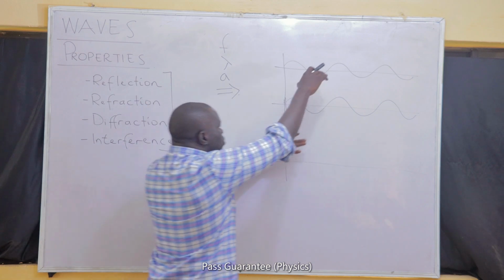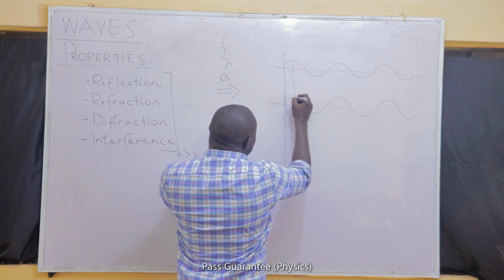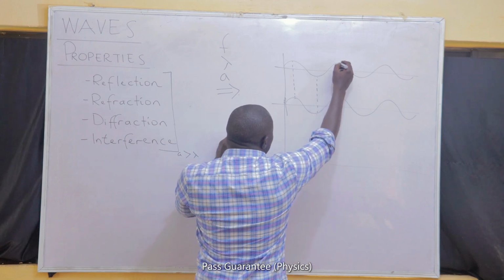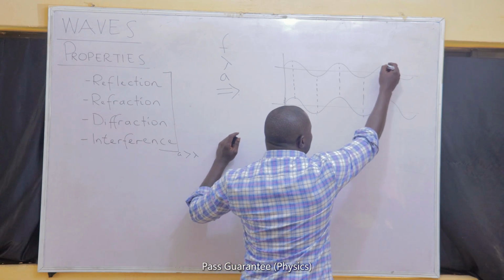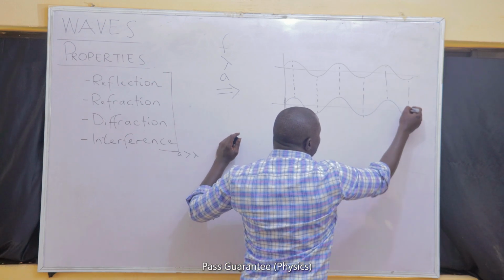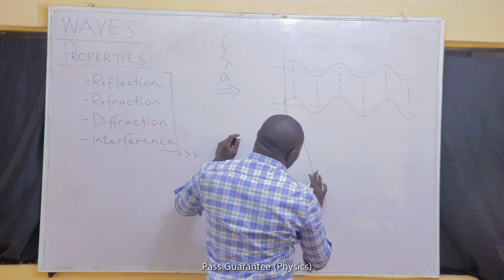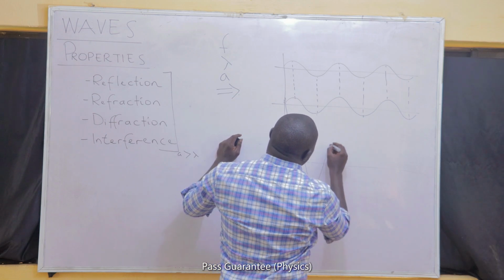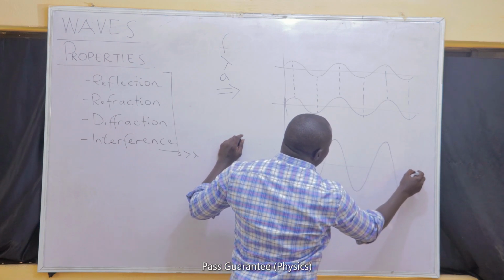When you combine the waves such that like parts meet, a crest is falling on a crest and a trough is falling on a trough, then we will have a much larger disturbance. It's like the two waves come together to help each other.